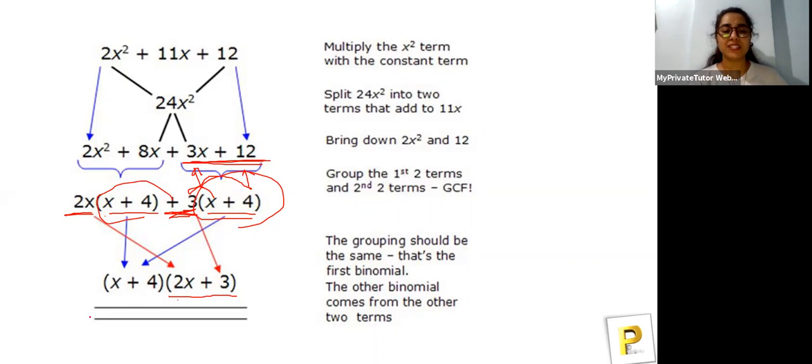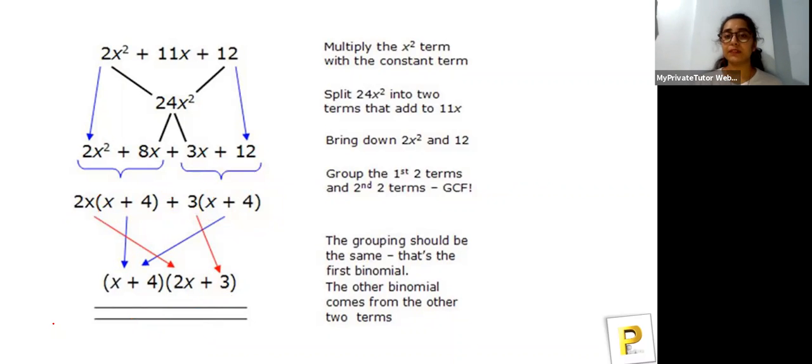You can solve these further. So x plus 4 is equal to 0, so here the value of x becomes minus 4, and here the value of x will become minus 3 by 2. I'll tell you how in the next part.